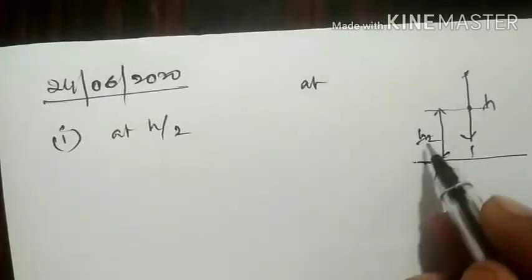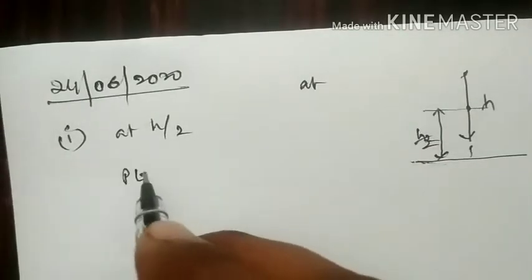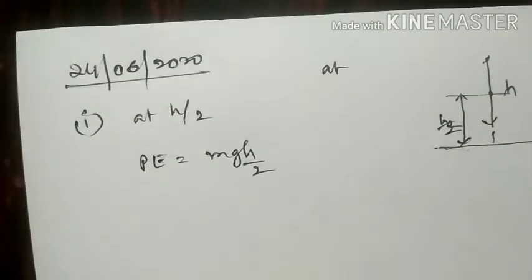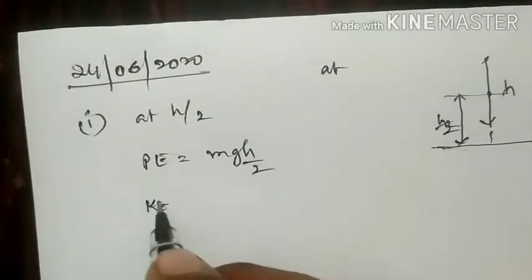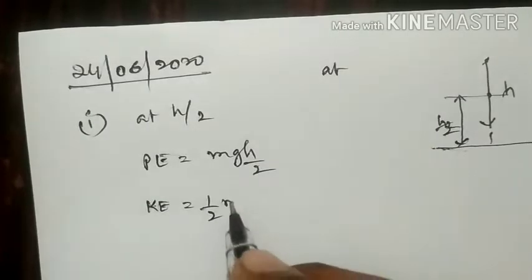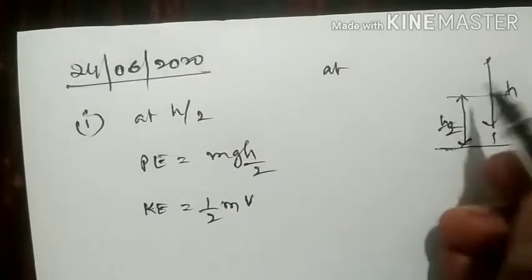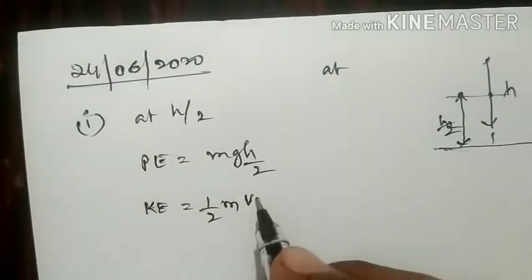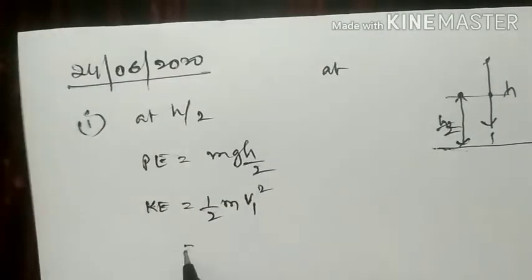So h by 2. What is the potential energy? mg h by 2. What is the kinetic energy? Kinetic energy is half m v square, where v is the velocity at the point we are calculating, so I will write v1 square.